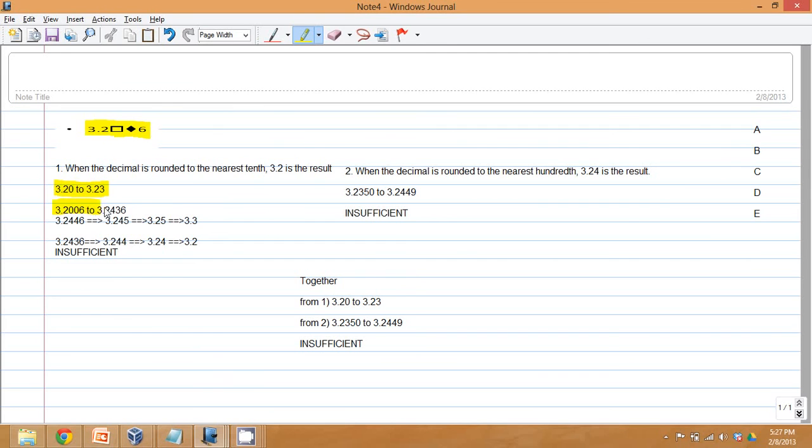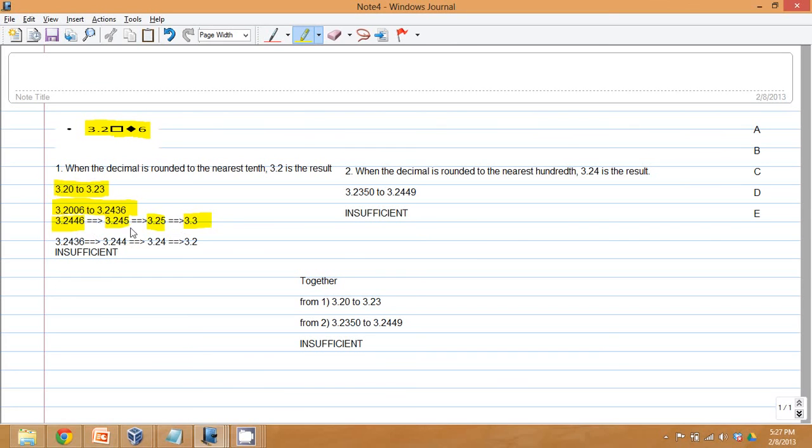So let's just say this 6 stands for 3.2446. Okay, let it stand for 3.2446. So this would get rounded up to 3.245, which would get rounded to 3.25, which would become 3.3. So 3.2446 can't be it. It could be 3.2406. That is possible, because then it would get rounded to 3.24, and then that would become 3.2.